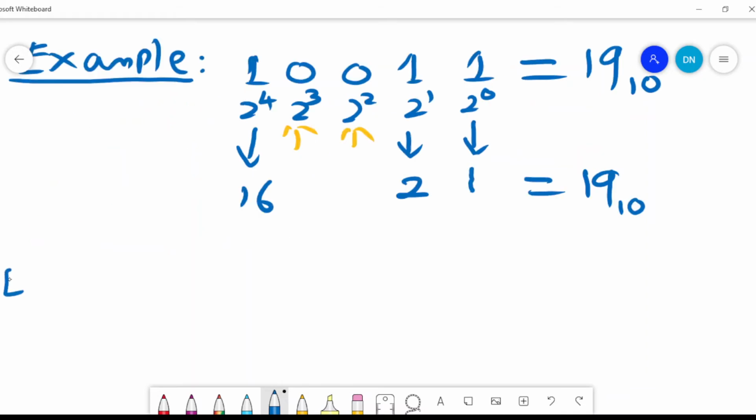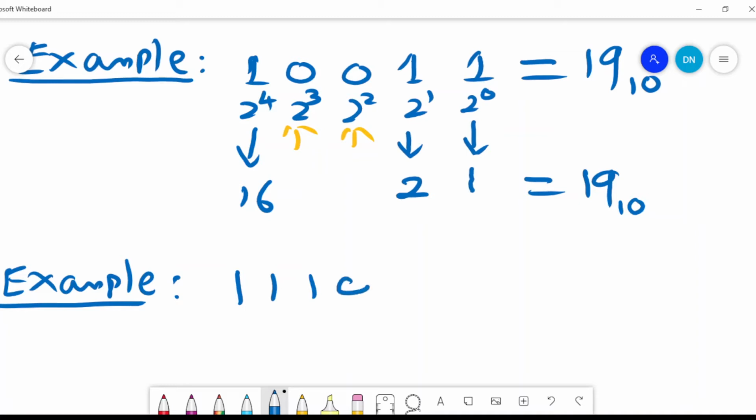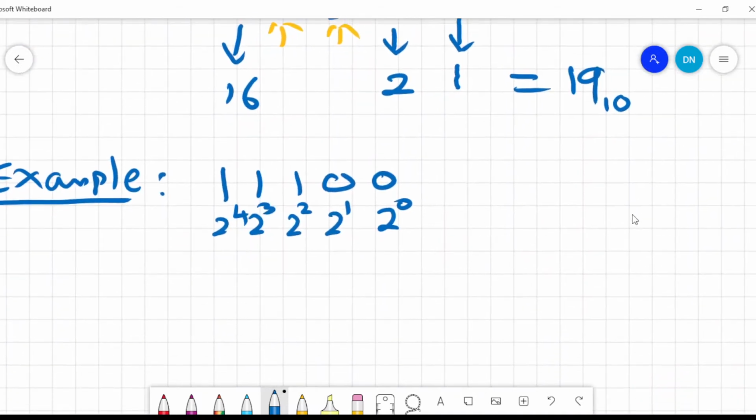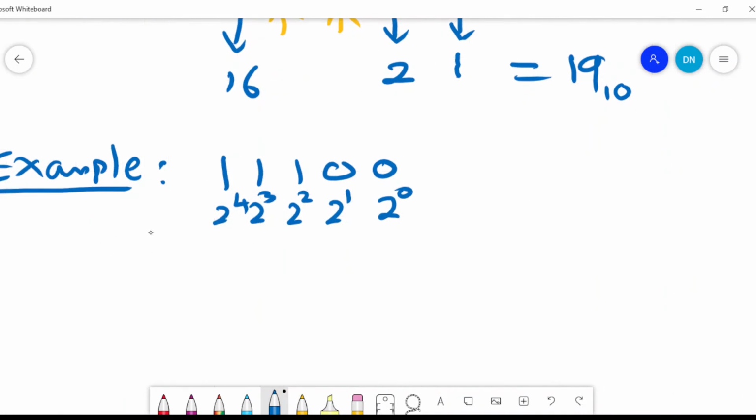Our next example. I have numbers like 1, 1, 1, 0, 0. So this is 2 to power 0, 2 to power 1, 2 to power 2, 2 to power 3, and 2 to power 4. The first two on my right hand side are zeros, so they will not contribute anything.